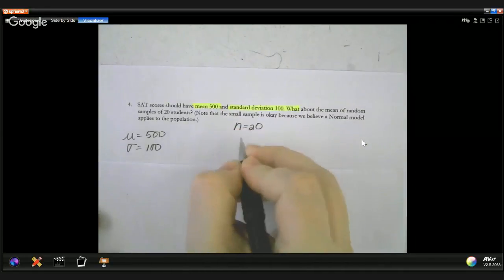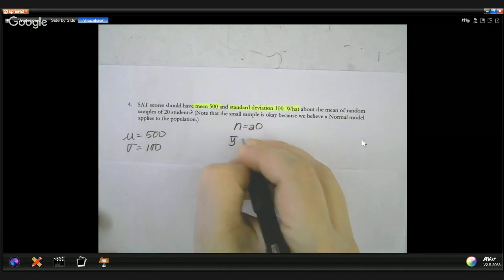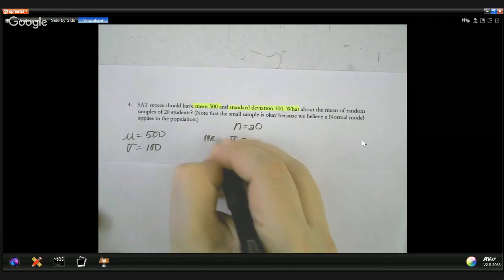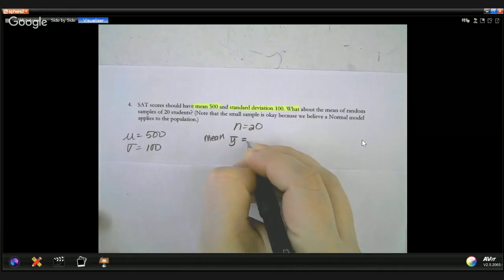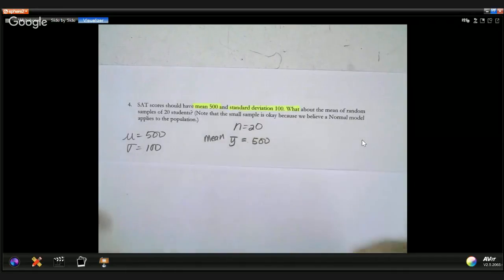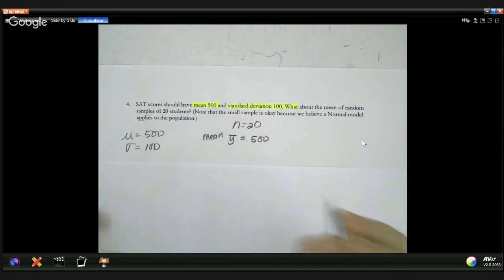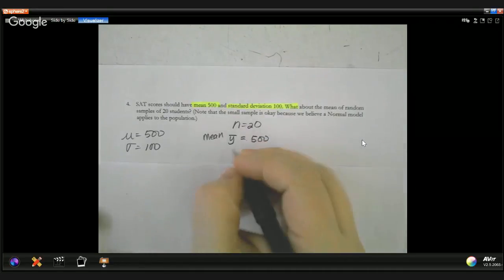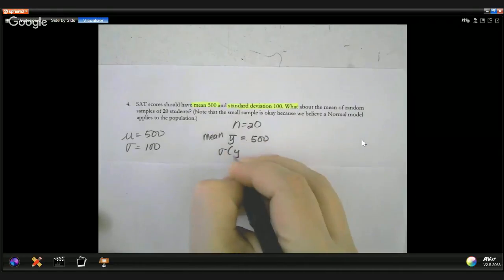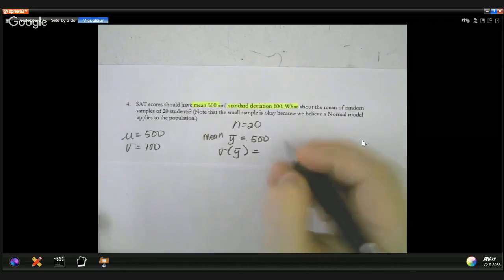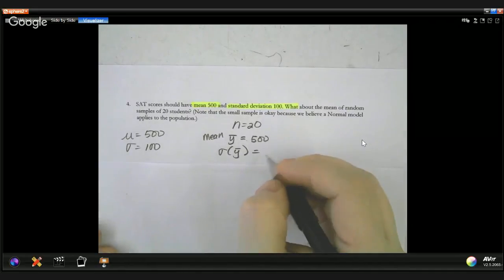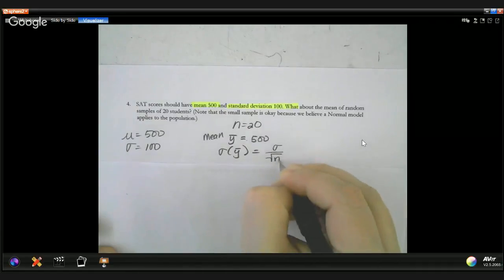My mean now becomes y bar. This is the mean. But it's still 500. It's my standard deviation that's going to change, because the larger the sample, the smaller the standard deviation you're going to get. And so my sample standard deviation is going to be the standard deviation you have over the square root of n.